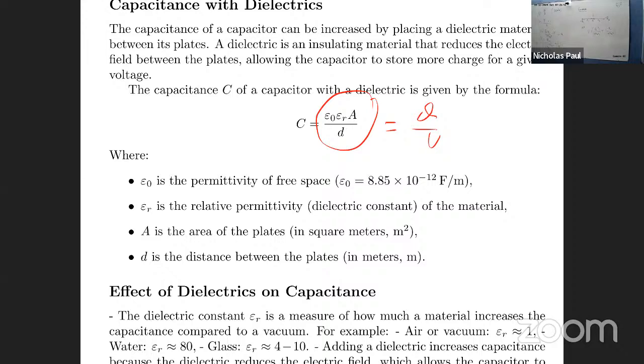Suppose I made the plates larger in a capacitor. What will that do to the C value? And what would happen if I make the D value smaller, bringing the plates closer together? You'll make it smaller.